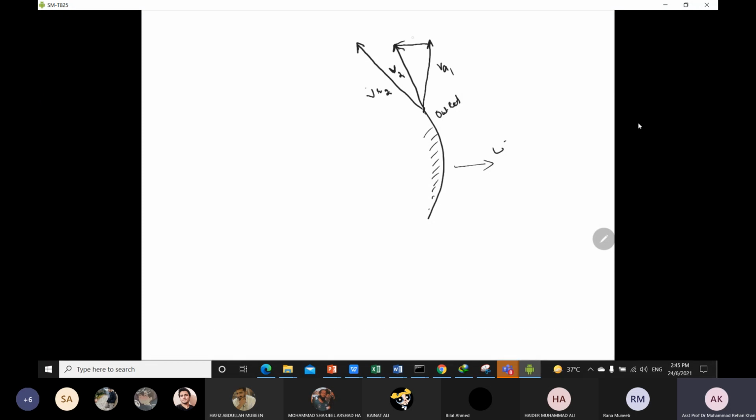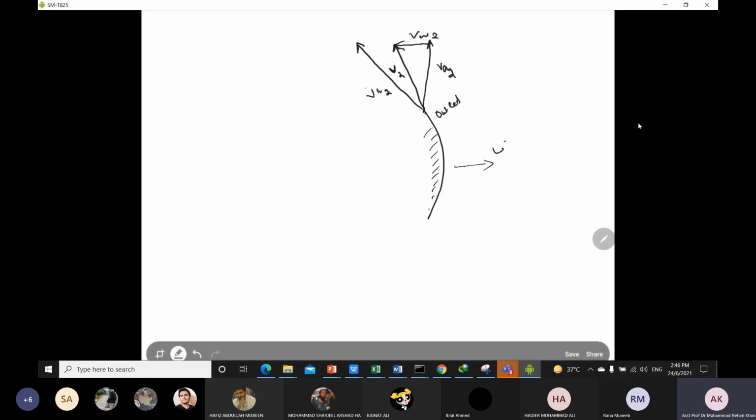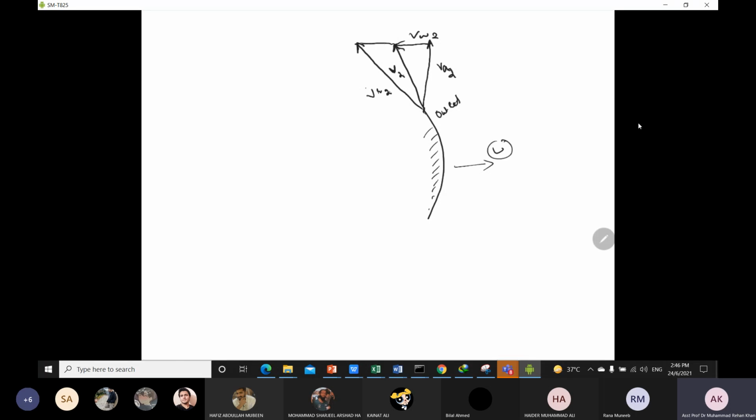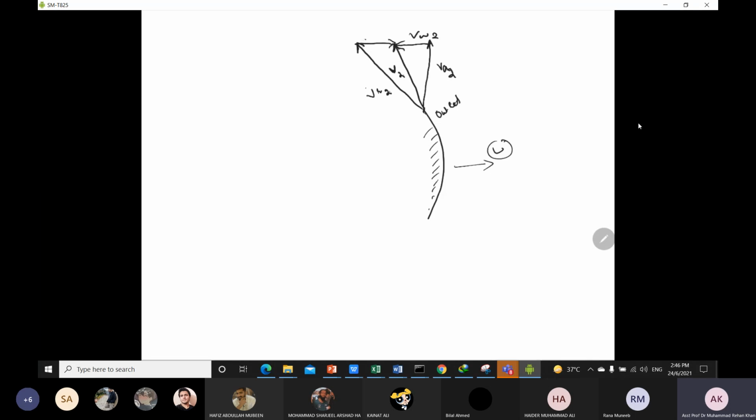This is VA2 and VW2. So whirl velocity at outlet, axial velocity at outlet, and absolute velocity at outlet. The same velocity U which we considered, we represent in this direction, and it is also U.